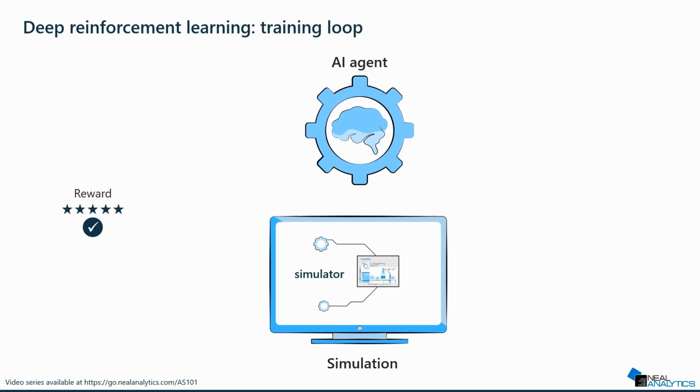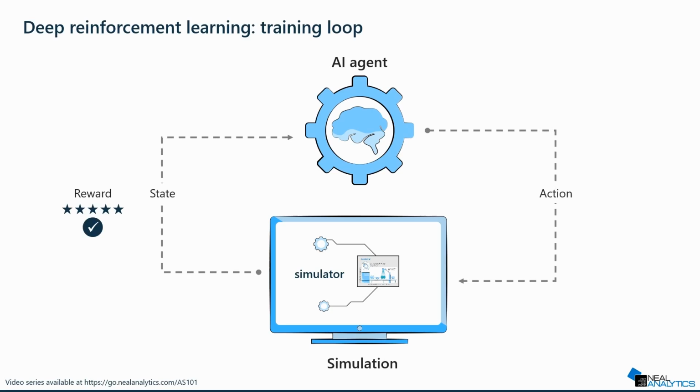As previously explained, during training, the AI agent will generate an action that will be sent to the simulator. The state of the simulator will then be sent back to the AI agent. The reward function will then analyze the simulator state and compare it with the optimal one.